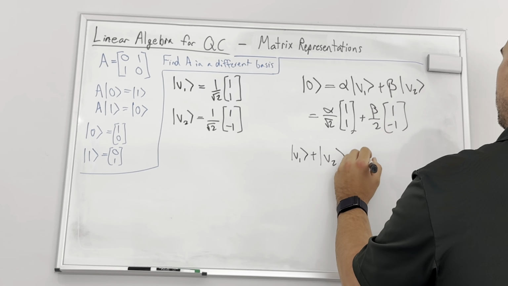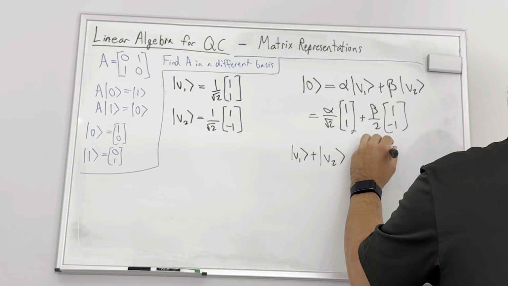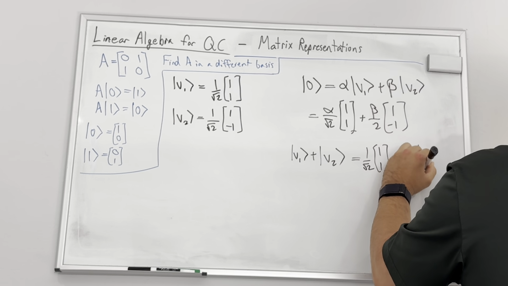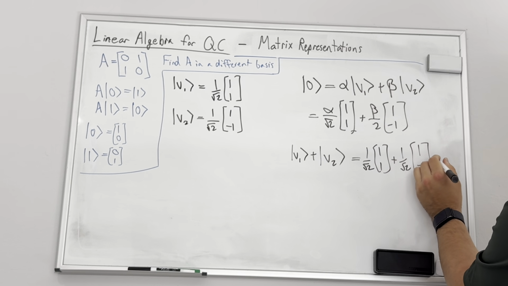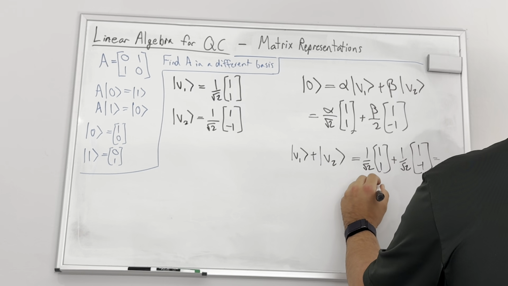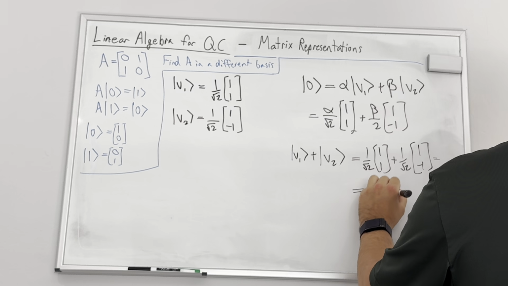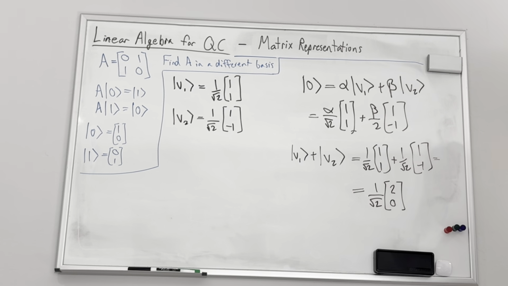So 1 over root 2, 1, 1, plus 1 over root 2, 1, negative 1. And that's going to give us 1 over root 2 of 2, 0, like this.